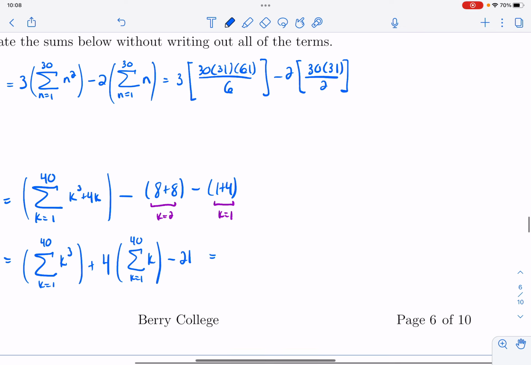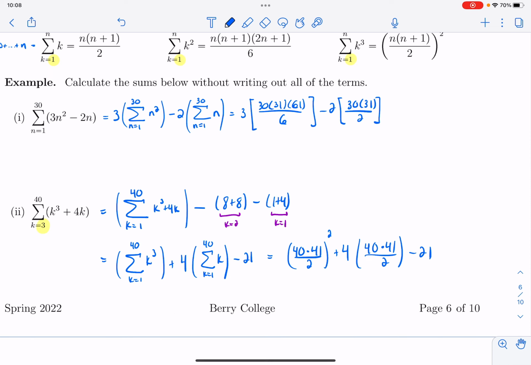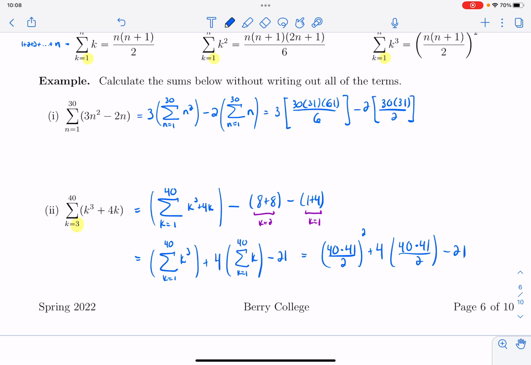So this is going to become 40 times 41 over 2, quantity squared, plus 4 times 40 times 41 over 2, minus 21. So there are those formulas in action. And so these formulas allow us to compute these sums really, really fast.